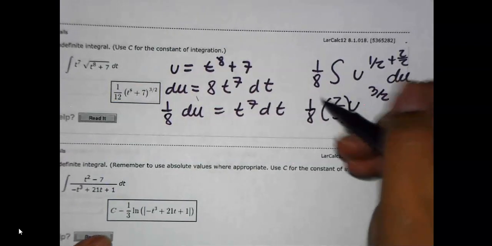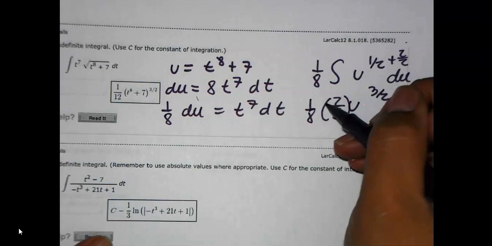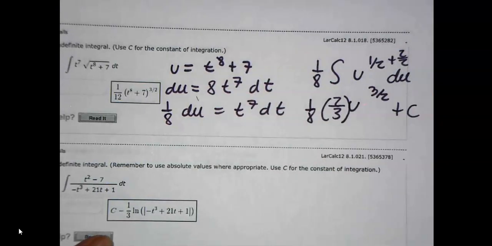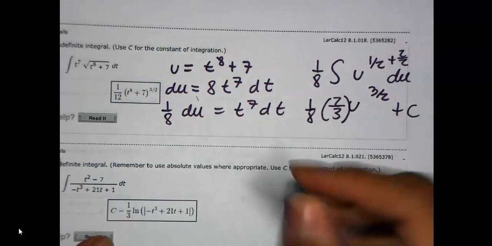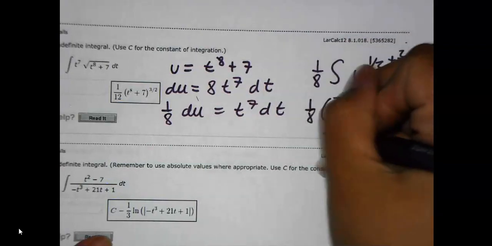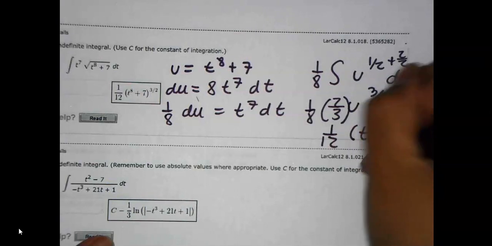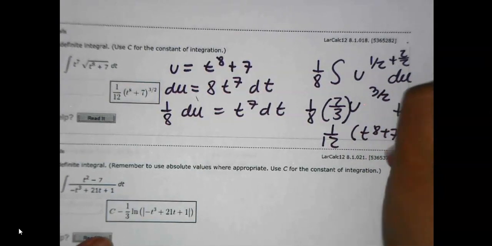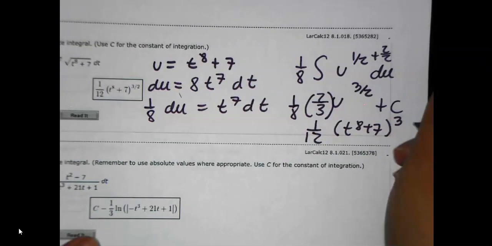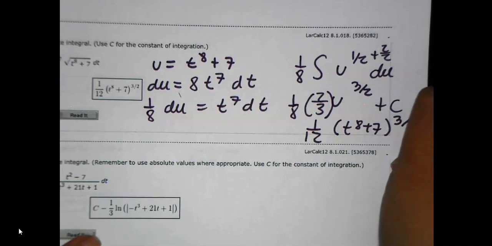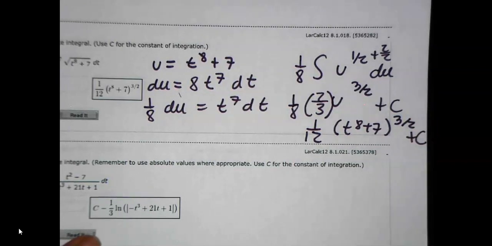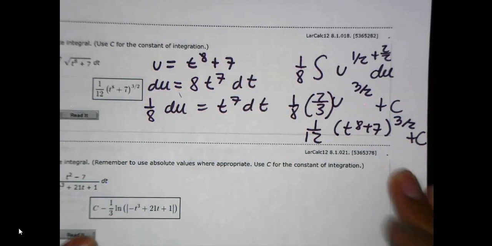So here we multiply. There's a 2 on the top. The 2 and the 8 can divide as 1/4, and the 3 equal. Instead of u, we have the expression plus 7 to the 3/2 plus c. And that will be my integration.